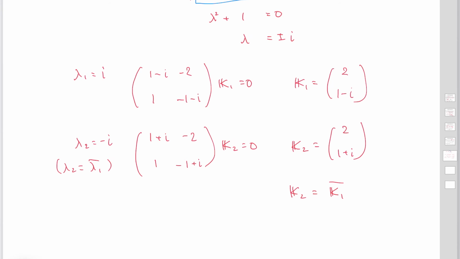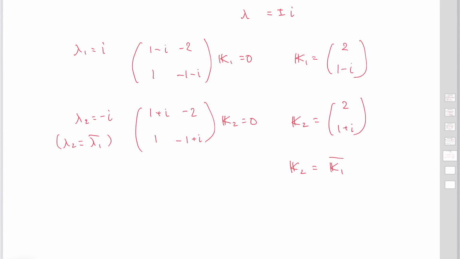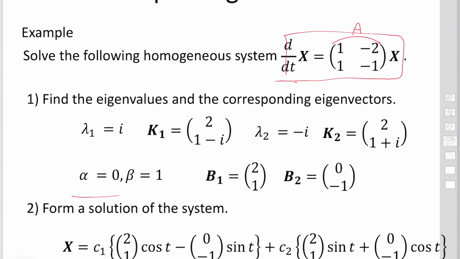From these equations, we find alpha equals 0, beta equals 1, b sub 1 is 2, 1, and b sub 2 is 0, minus 1. So we discovered alpha, beta, b sub 1, and b sub 2.